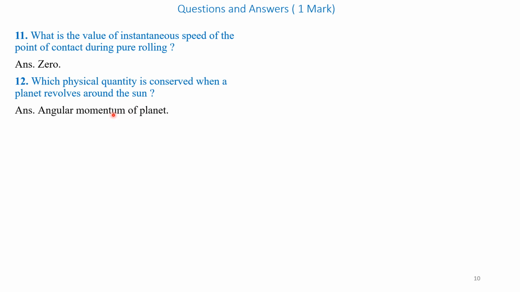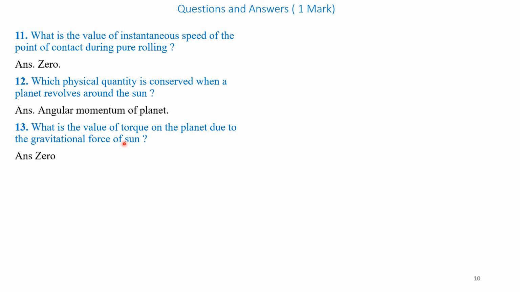Angular momentum of the planet is conserved when the planet revolves around the sun. Question number 13. What is the value of torque on the planet due to the gravitational force of the sun? So the value of torque is 0.